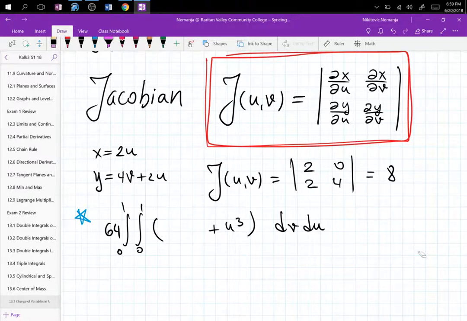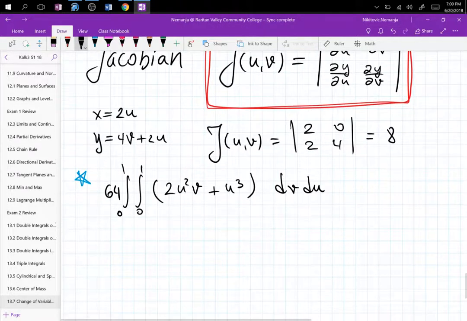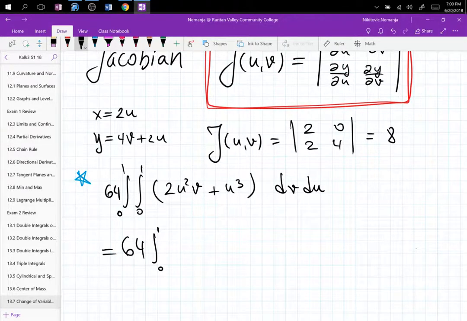So this will be 2u squared v, to write it nicely. All right, so we go 64, integral 0 to 1. And now we are integrating in respect to v, so it's going to be v squared over 2. The 2 kills the 2, so all I have is u squared v squared, plus u cubed as a constant, we are picking up v.